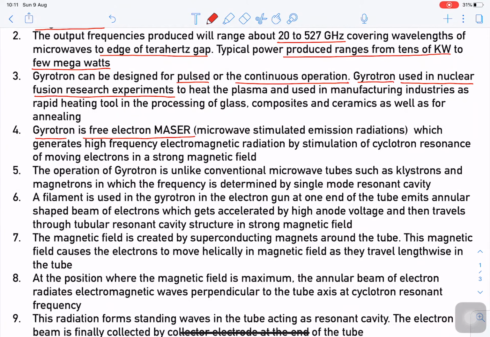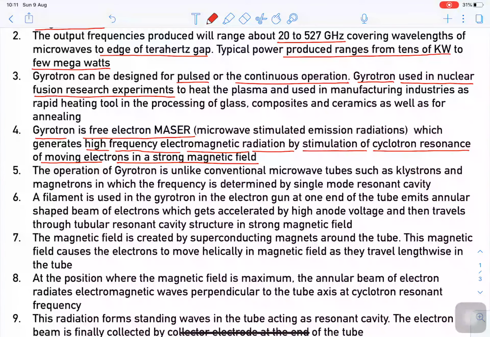The principal working of a gyrotron is based on masers, which generate high frequency electromagnetic radiation. What will the maser do? The maser will generate very high frequency electromagnetic radiation by stimulation of cyclotron resonance of moving electrons, by making use of a strong magnetic field.